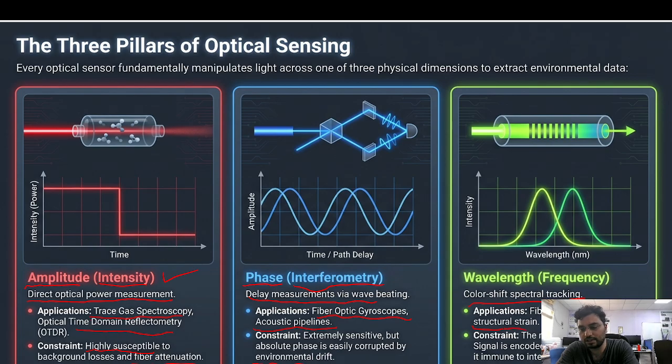The constraint is the most robust architecture: the signal is encoded in frequency, rendering it immune to intensity fluctuations. So intensity doesn't matter, low or high, and the wavelength shift itself is a very robust architecture for signal processing.